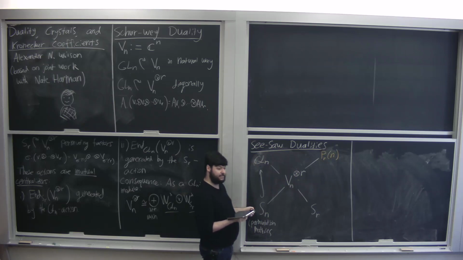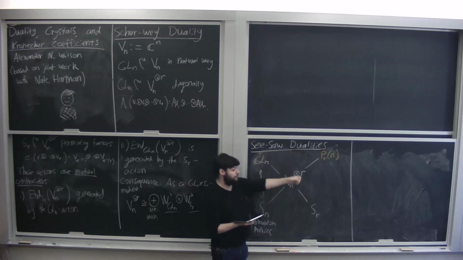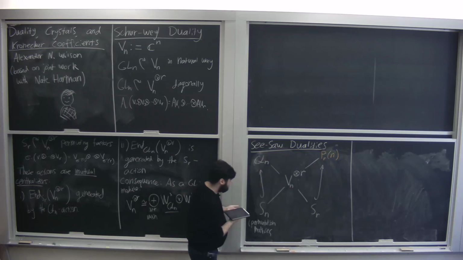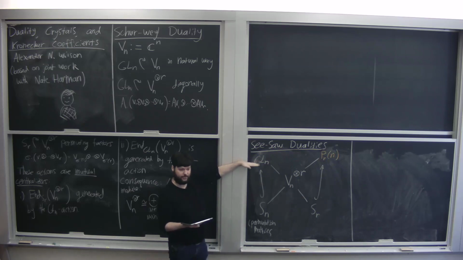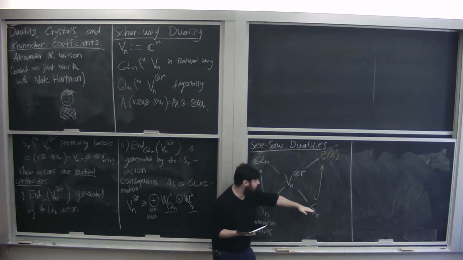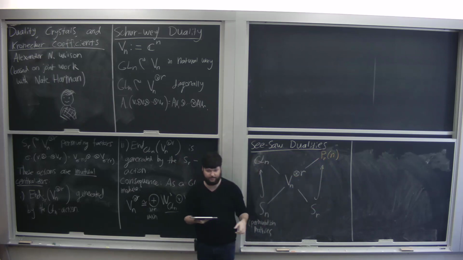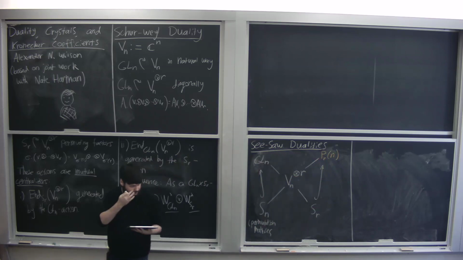We're asking less, and so we should get something more. And this is where the seesaw comes in. This idea where if you restrict down on one side, you go up on the other side. So whatever this looks like, it should have a copy of the symmetric group SR sitting inside of it.